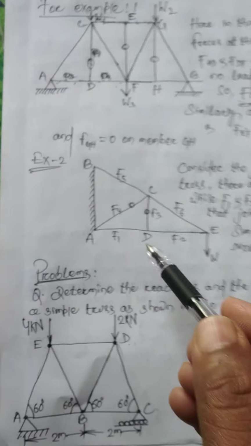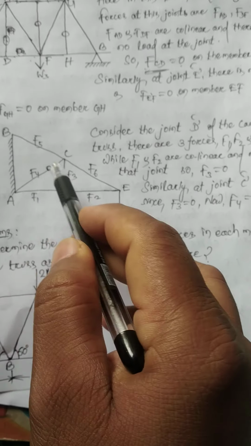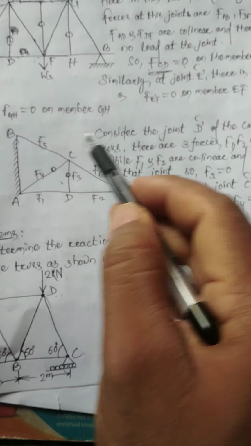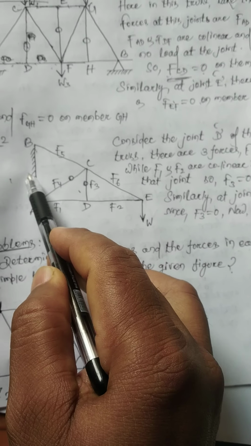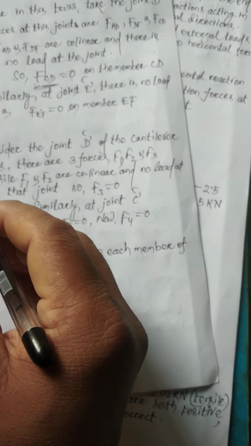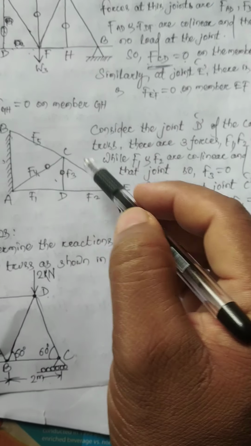Now come to the second example. See, this is the cantilever truss. Cantilever means only one member is fixed, other member is hanging. So this is a cantilever truss, and this is a triangular form. See, at the point C, look at the point C, there are different members.